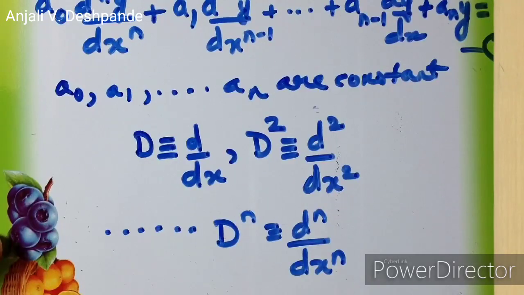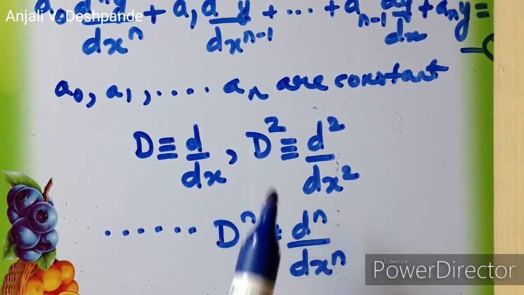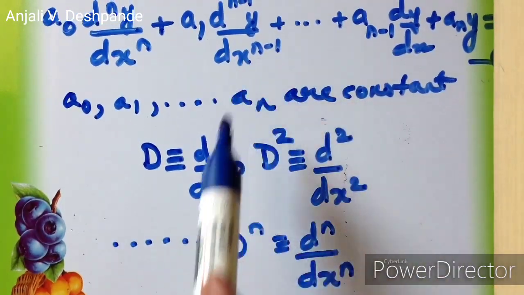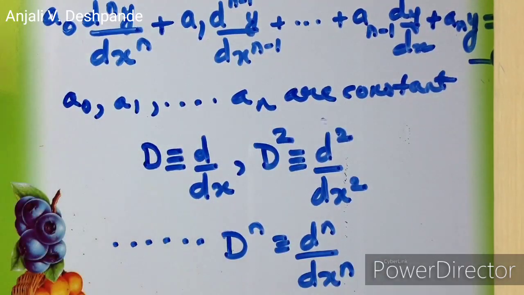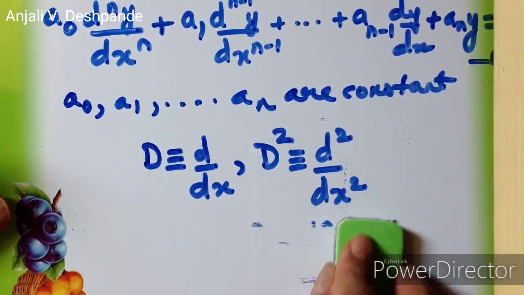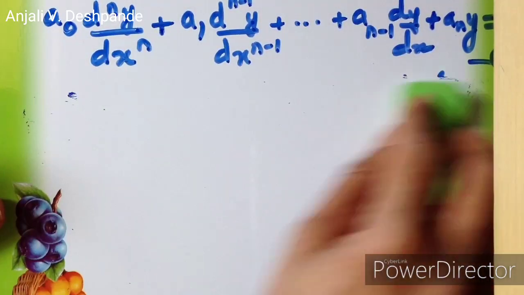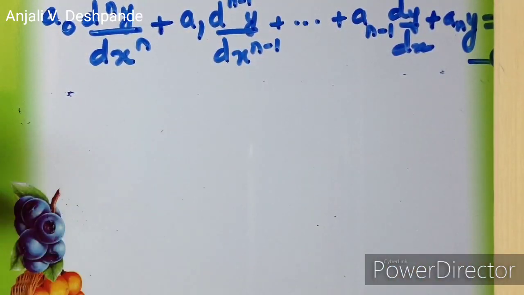And we can have D raised to n as d raised to n by dx raised to n. So what I am going to do is, in this equation I am going to substitute this D operator and rewrite the nth order linear differential equation with constant coefficients.